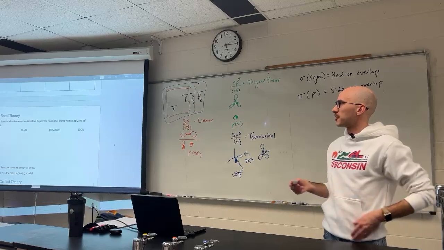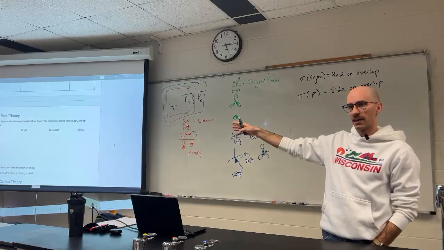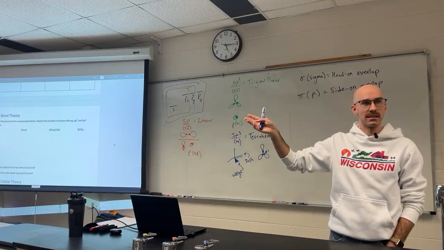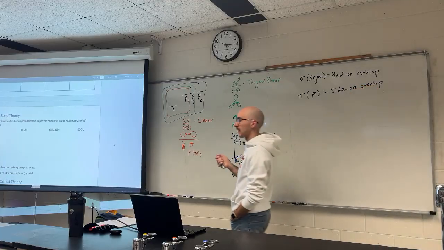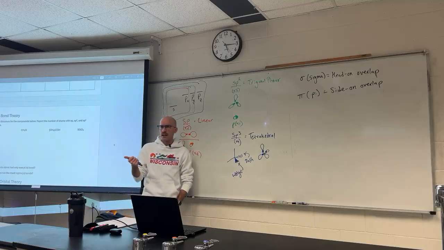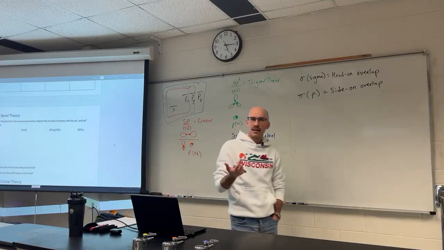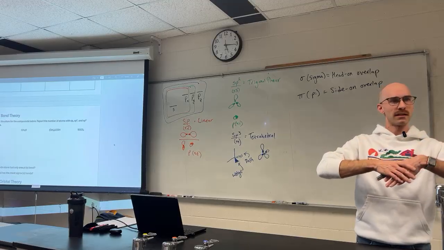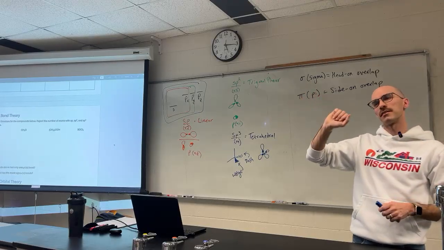What I'd like you guys to do is try sketching out as many of these as you can in the next 5 to 10 minutes, and then identifying the bonds that are present, sigma or pi, and what orbitals are overlapping to give you those. Actually, let's start with this.